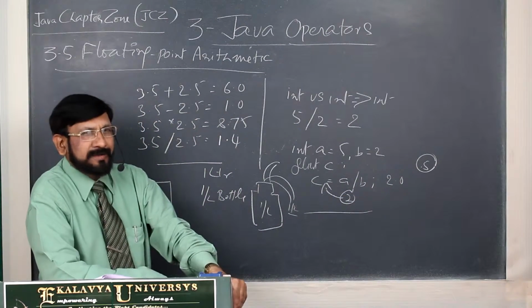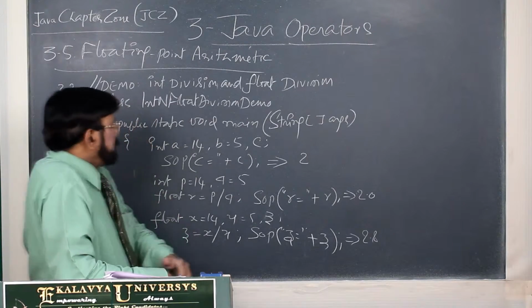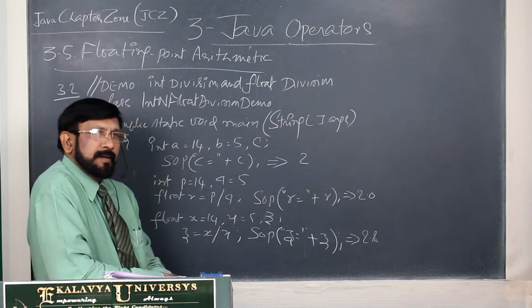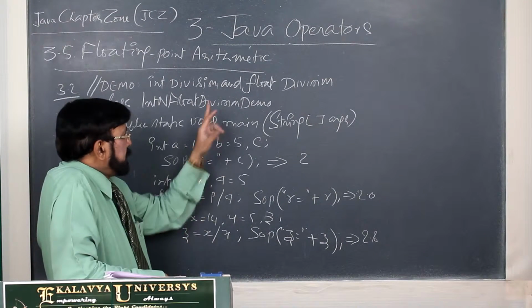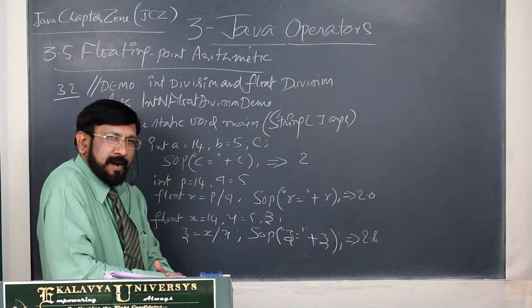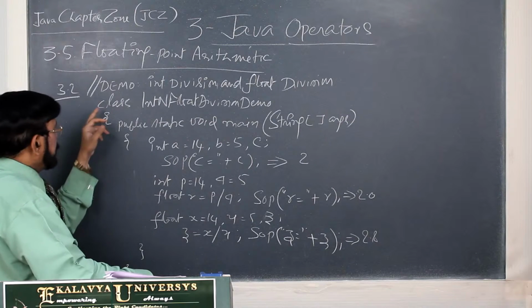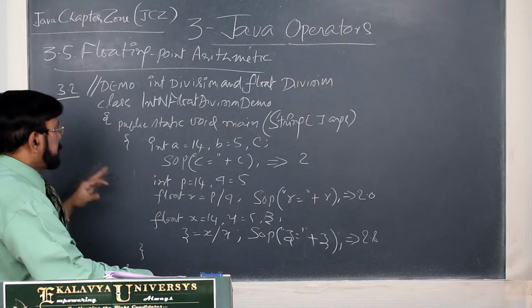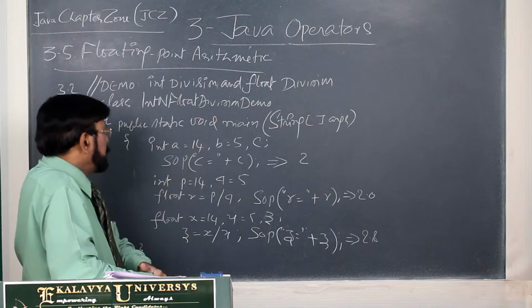So this point we see practically through a demo. In this demo, let us see the difference between integer division and floating point division. Now you see, we have defined a class for this demo, IntAndFloatDivisionDemo.